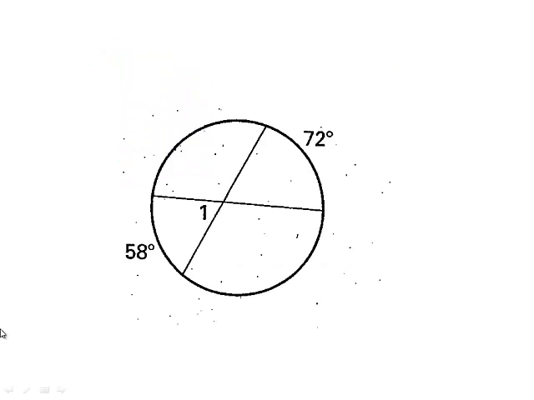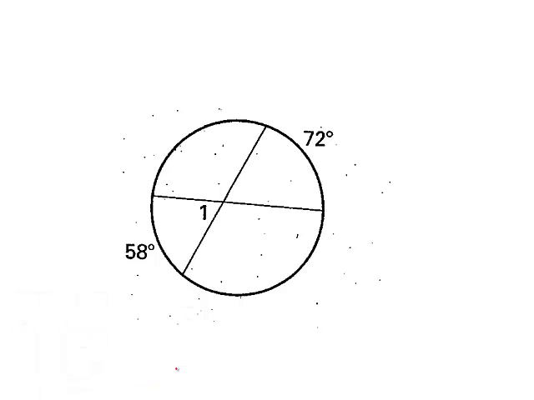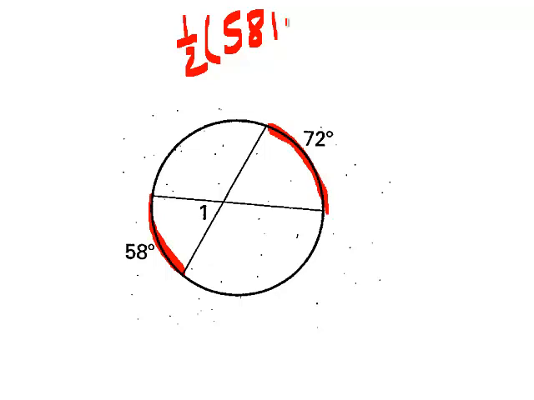So here's your application. If you want to pause the video and see if you can do it, by all means. If not, I'm going to go through it. And this one is a little bit tricky, just because, again, we're looking at all these central angles, inscribed angles, all that stuff, so keeping them straight can be a little bit tricky. So we have the two intercepted parts here, so it'd be 1/2 the addition of 58 plus 72.